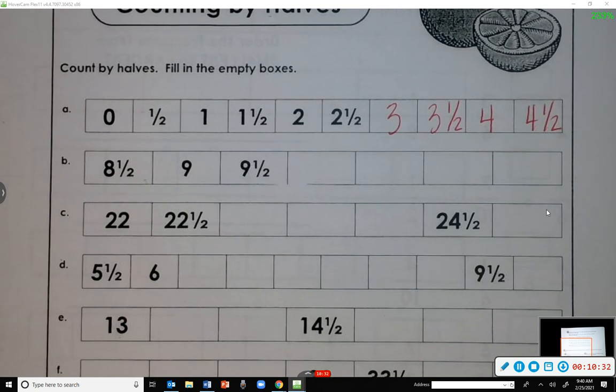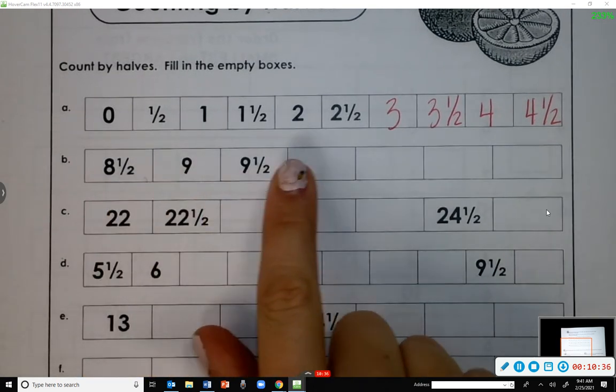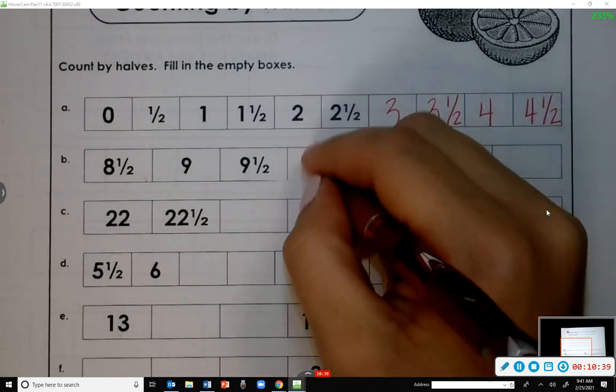Okay, let's try the next one. 8.5, 9, 9.5, 10, good.